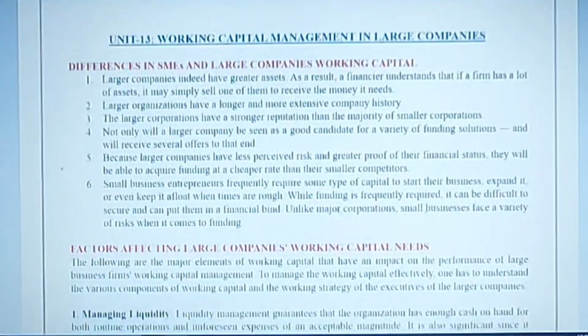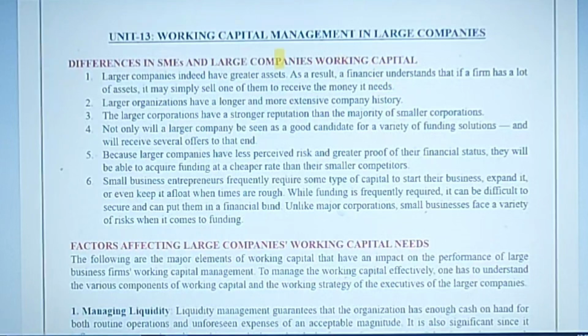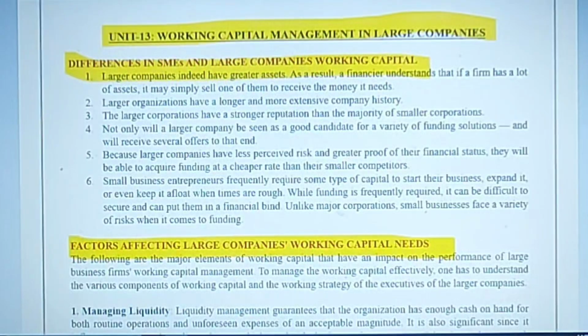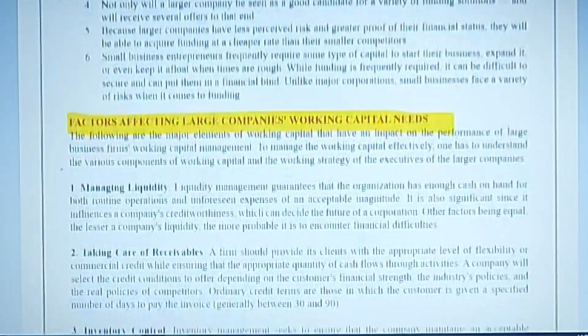Unit 13 is on working capital management in large companies. Here, the first one is the difference between SME and large scale company requirement of working capital. This can come in the distinction. Then factors affecting large companies' working capital needs, how they are affected.